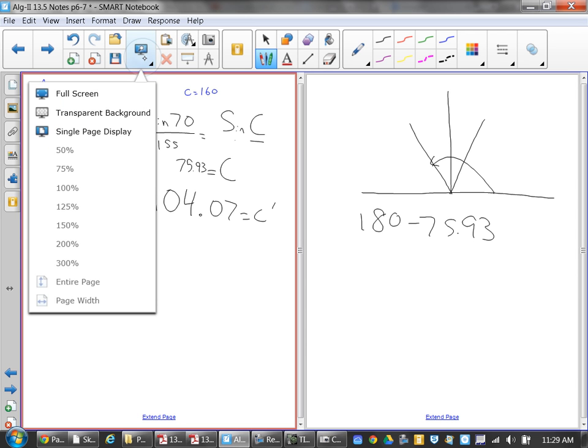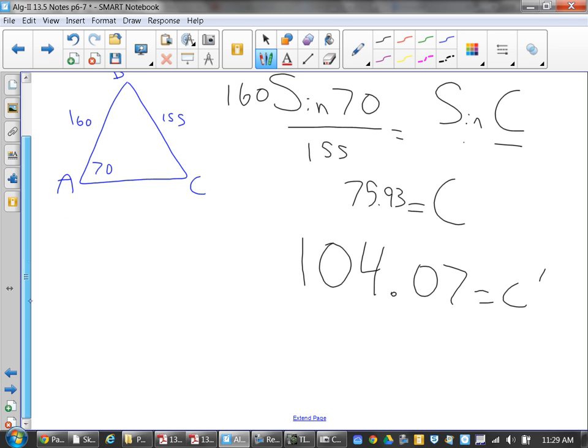I'm going to go back to just the single page here. How many degrees are in a triangle? 180. So here's what we do. We check to see if I put 75.93 in here, is there enough degrees left over to make an angle B? What does B have to be? 34.07. Okay. I try it again with C prime.